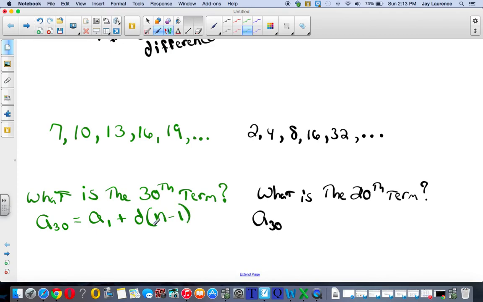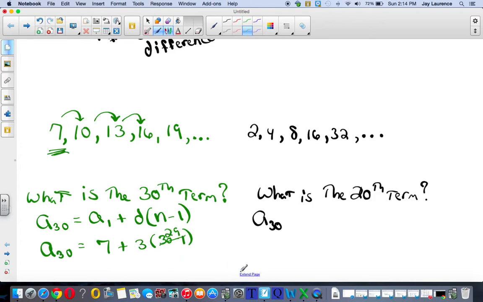That's what the n minus 1 is. So let me fill in everything I can. A sub 30 is going to equal 7 because it's the first term, plus the common difference. It looks like it's going up plus 3 again, plus 3 again. Right, so plus 3 times the quantity of 30 minus 1, which of course is 29.